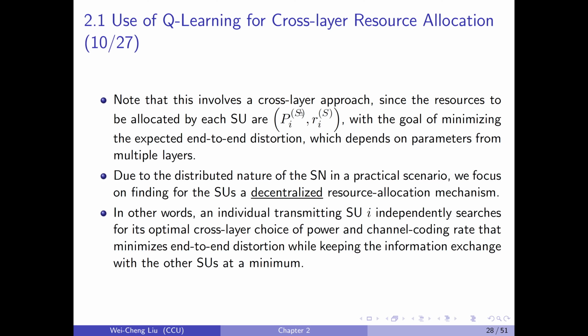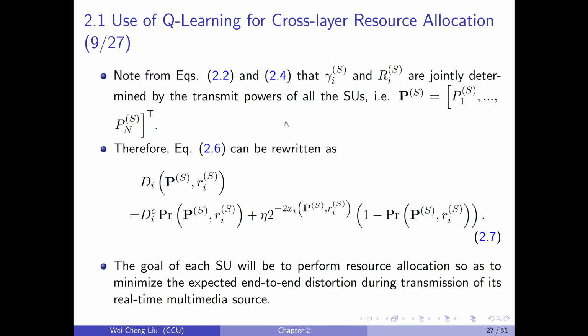P_i^s is the power. This may not be clear. So P_1^s to P_N^s are the transmitter powers of all the secondary users.